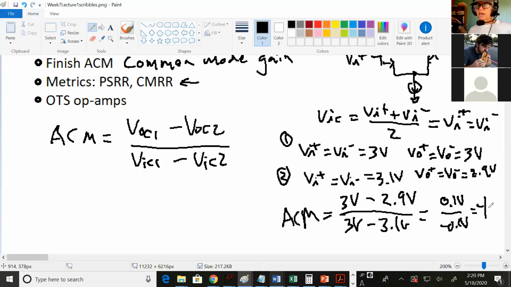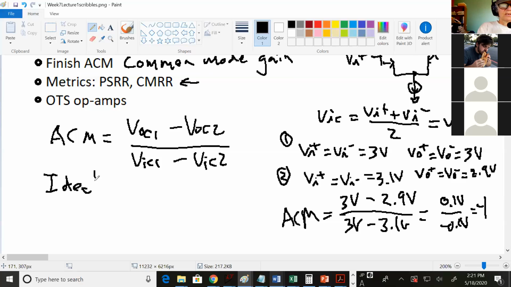Do you think, if you change the average of the inputs, you want the average of the output to change? No. So is this a good ACM? What would be the ideal ACM? 0. So ideal ACM equals 0.